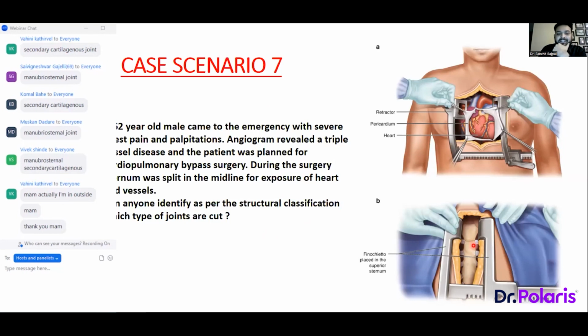Secondary cartilaginous joint, absolutely correct. What do you mean by secondary cartilaginous joint? It is a permanent and slightly mobile joint. Right. And what is the other example of this particular joint? It's the intervertebral disc and pubic symphysis. Great. We also call them symphysis. Got the answer. Great, very happy.